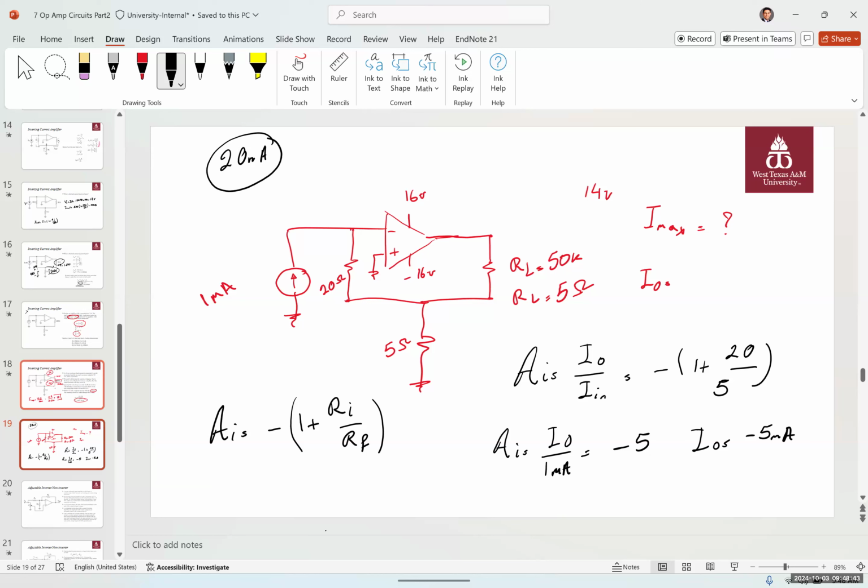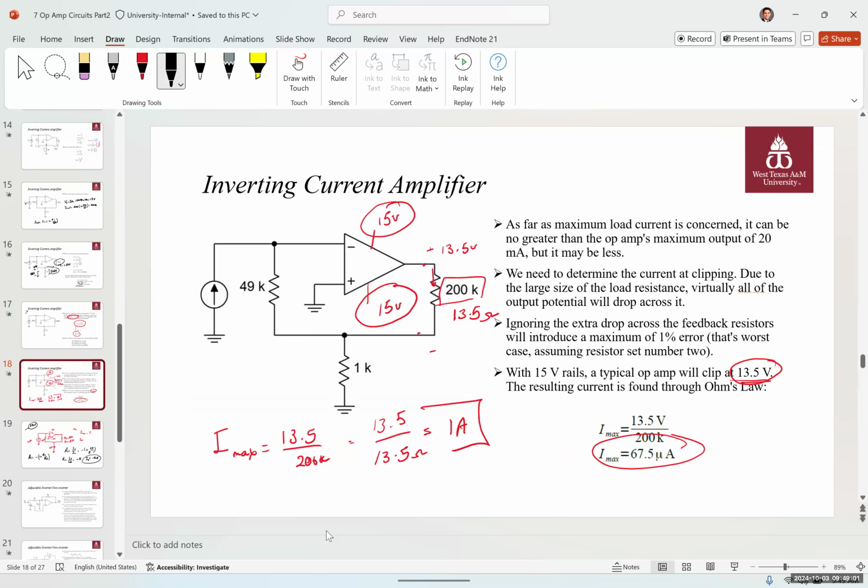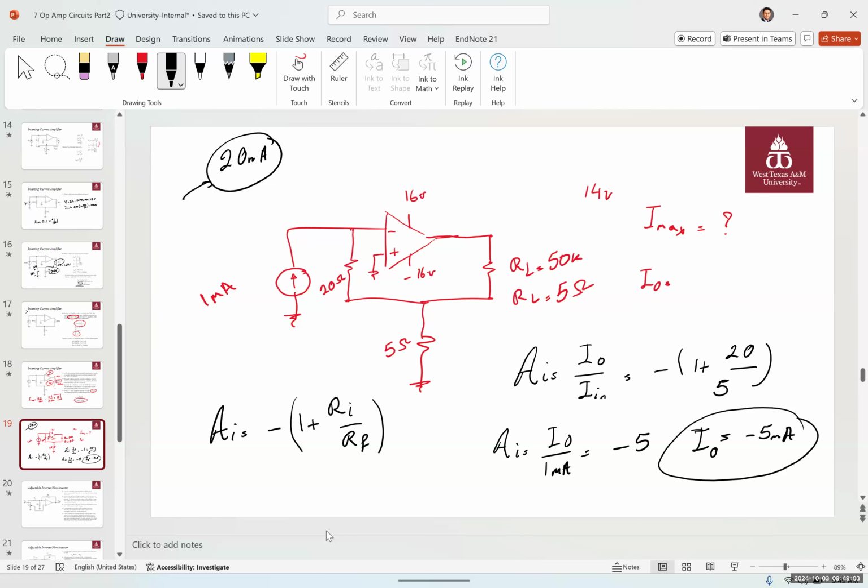For a typical op amp like a 741, this 5 milliamp is completely acceptable. The maximum current could be 20 milliamps or so. So this is completely acceptable for the system. Now, let's see what the maximum current is when we have different resistors.